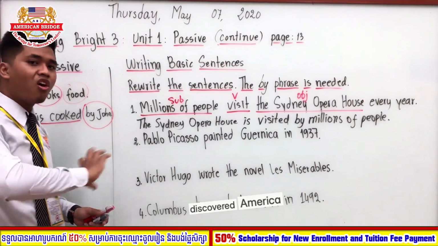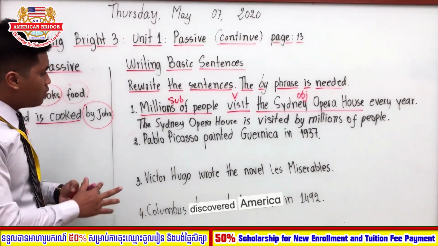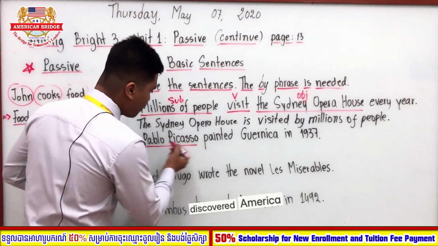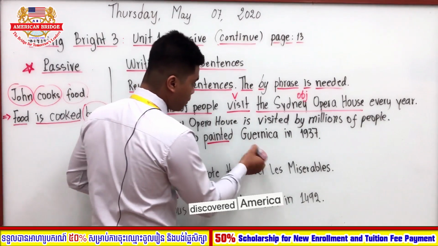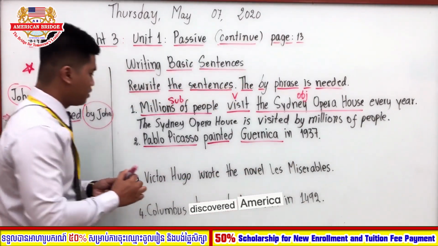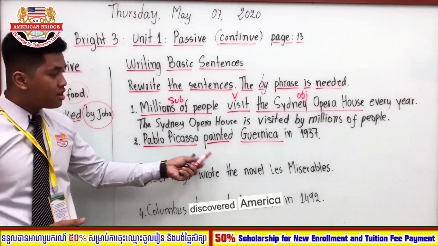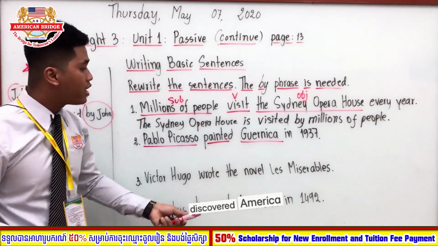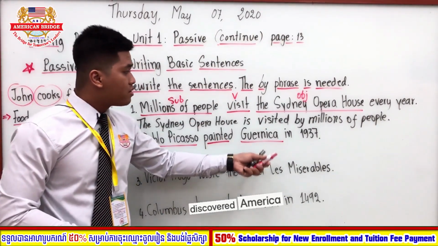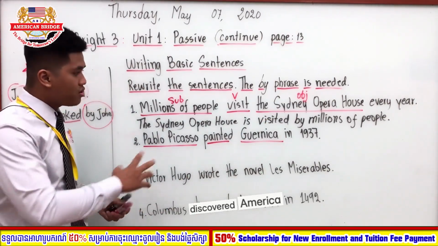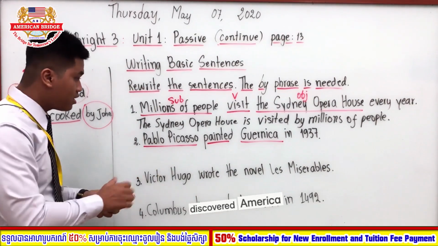Okay, it's a very long time ago. So now, remember everyone, we analyze the function of each word here. Pablo Picasso is the subject, painted is our main verb, and Guernica is the object. It receives the action.